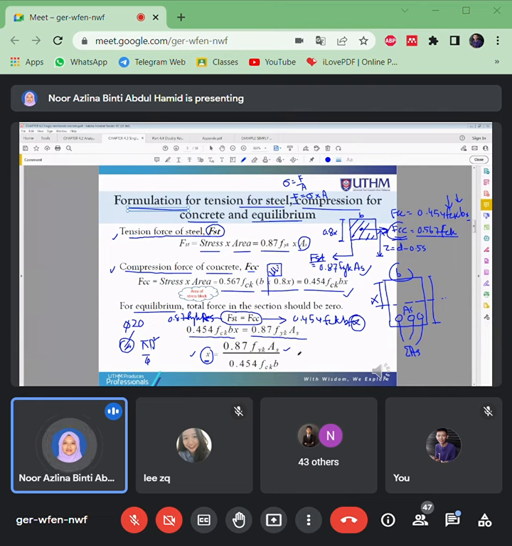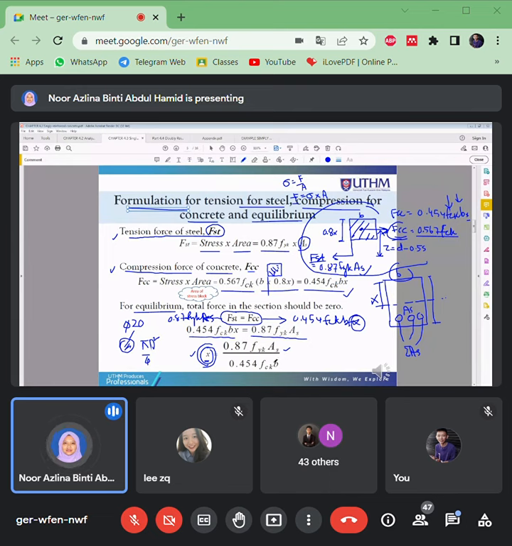You don't have to remember all these formulas, you can just draft them from this stress diagram. From the equilibrium, just make it FCC and FST, write the equation of each, and then make X the unknown, the subject of the equation.